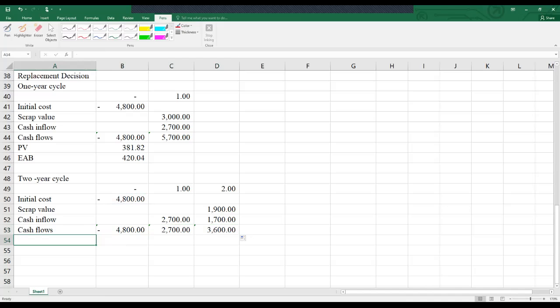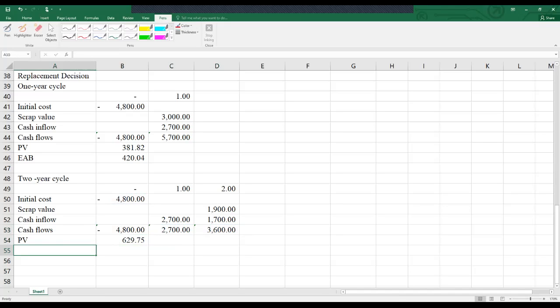Then get the NPV, or let me call it the present value, equals NPV at 10%. These are 2 years, so year 1 and year 2, minus year 0. And you get 629.5.